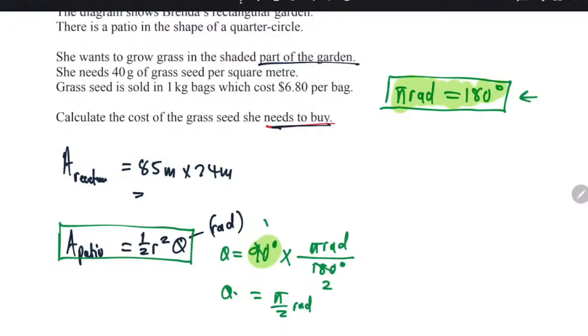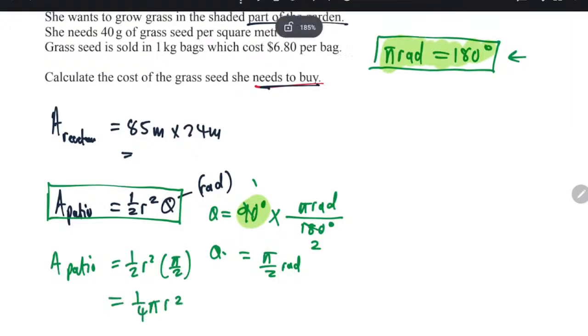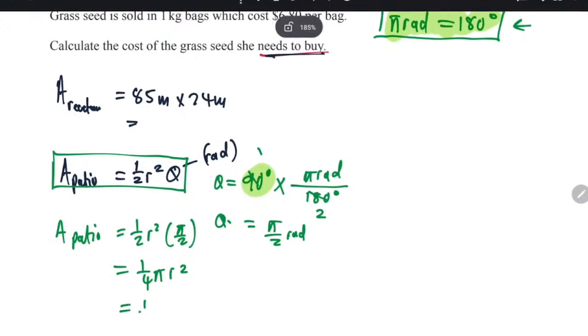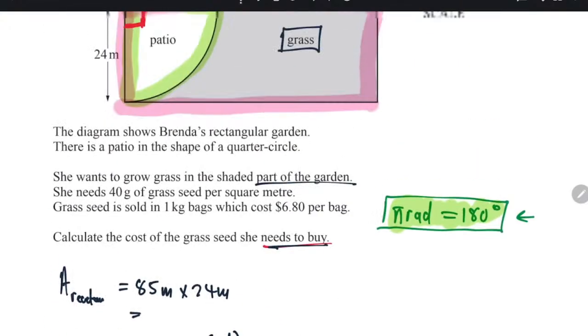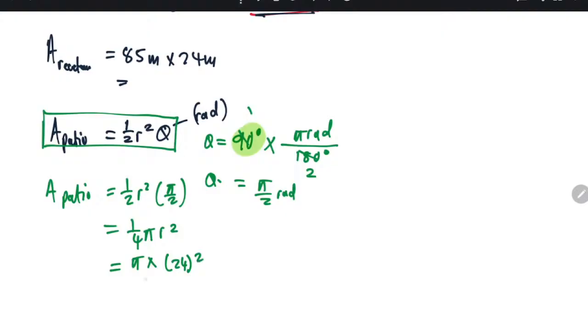So for us in here, the area of the partial will be half r squared. Your theta will be pi over 2, which would have made it 1/4 pi r squared, which would have made it equal to pi times, what is your r? Your r is here 24. So pi times 24 squared, the r should be squared.